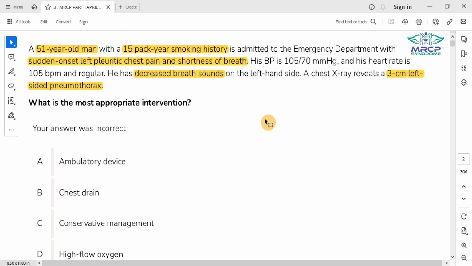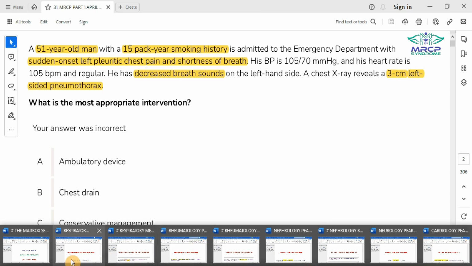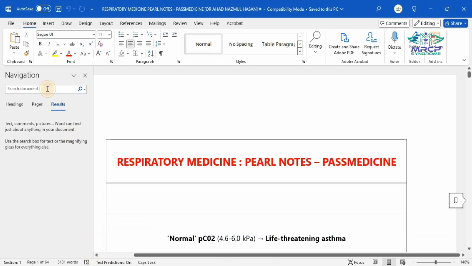So is it primary spontaneous pneumothorax or secondary spontaneous pneumothorax? Primary or secondary? Seems like primary. So how can we differentiate whether this is primary spontaneous or secondary spontaneous?